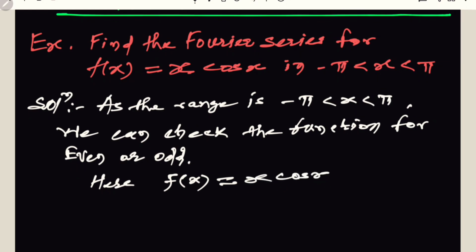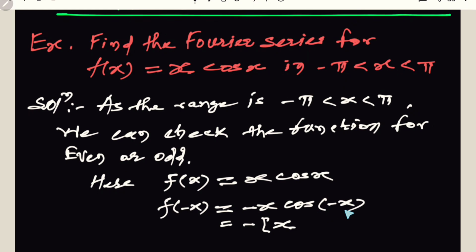To check even or odd, we have to replace x by minus x on both sides. Therefore, left hand side becomes f of minus x is equal to minus x into cos of minus x. Cos minus theta is cos theta. Therefore, minus x into cos x means it is minus f of x.